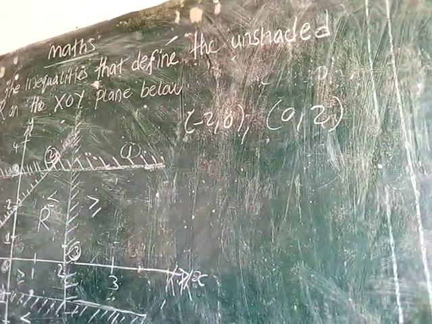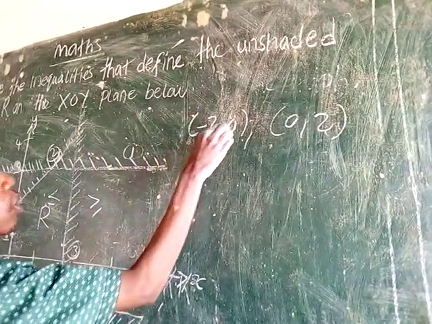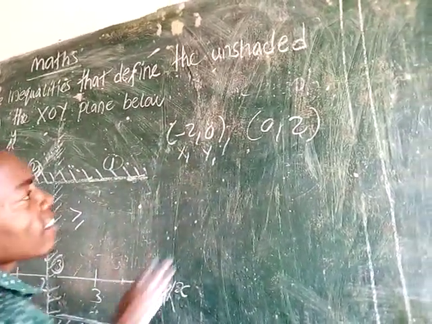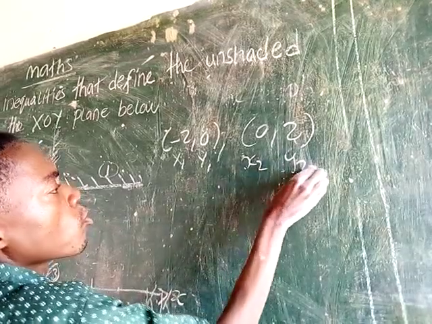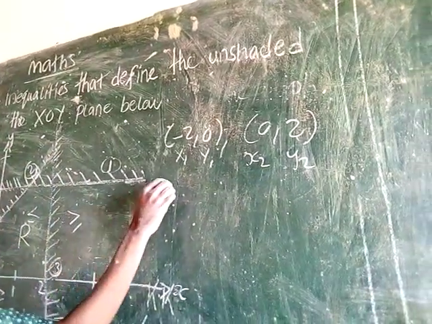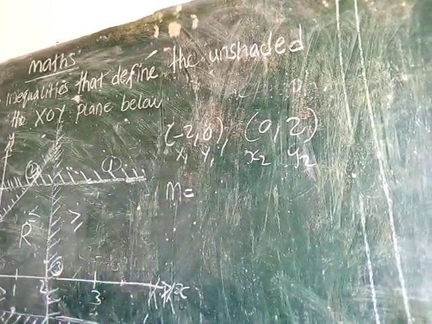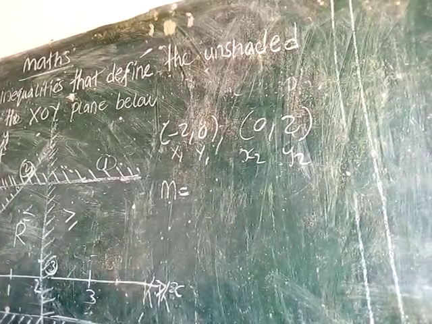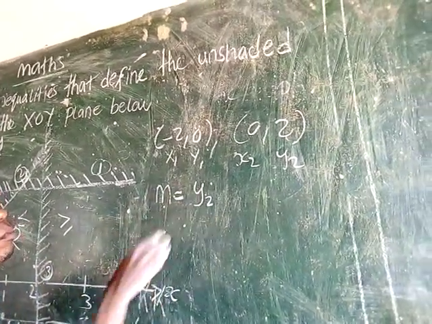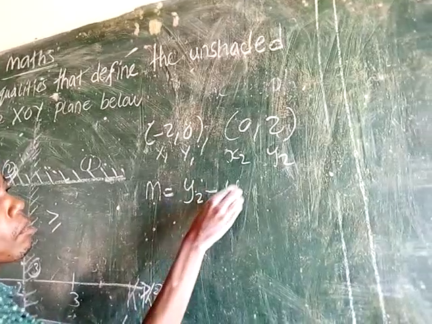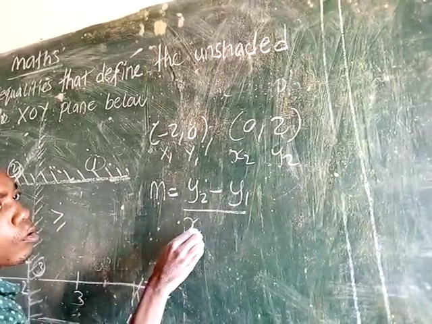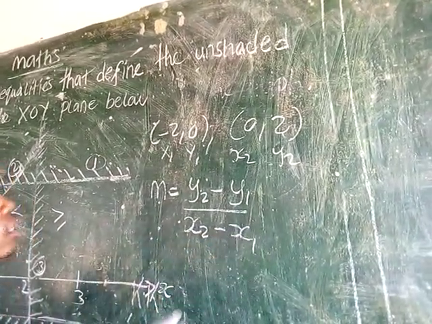After that, we label the coordinates x1, y1, x2, y2. Then we calculate the gradient. The formula is the gradient m equals y2 minus y1 over x2 minus x1.